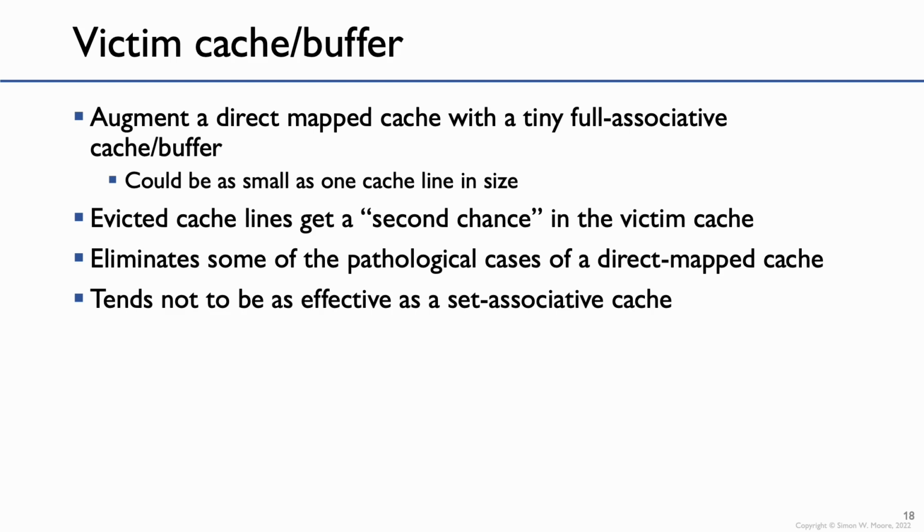Let's think about what some of these pathological cases might be. Imagine we've got a 32K direct mapped cache, and imagine software is doing something simple like reading two arrays that are both 32K in size, reading every element of these two arrays and summing them up.